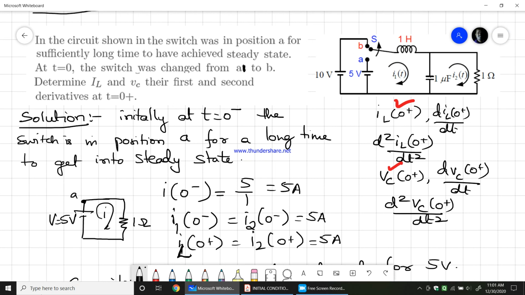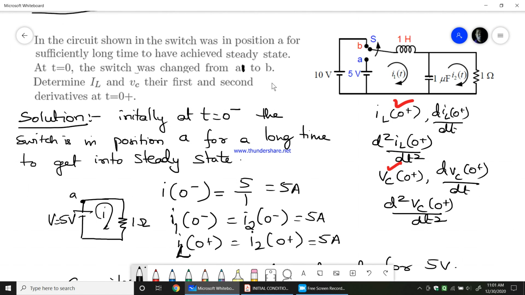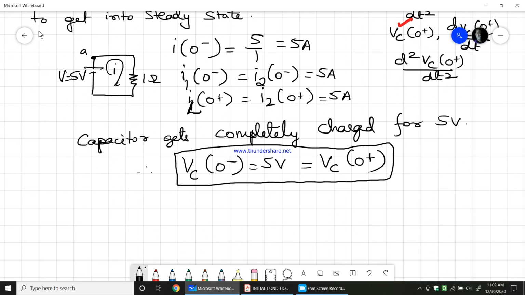It says in the question that at time t equals 0 the switch changes from A to B. So let us go with that.